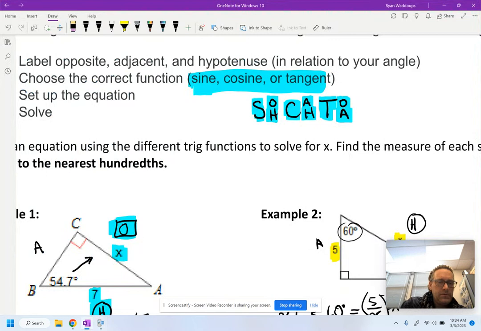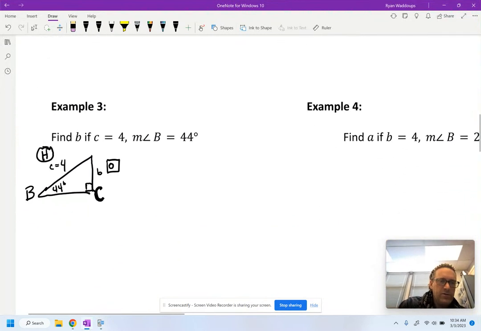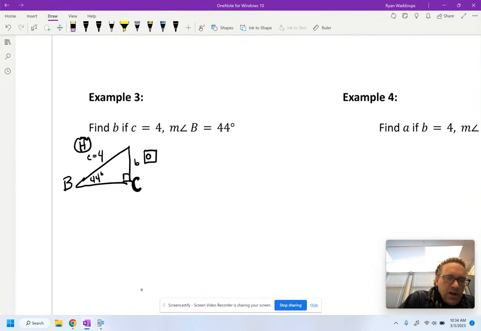So we go back down here, we're going to use the sine ratio. So the sine of 44 degrees is equal to the opposite b over the hypotenuse 4.